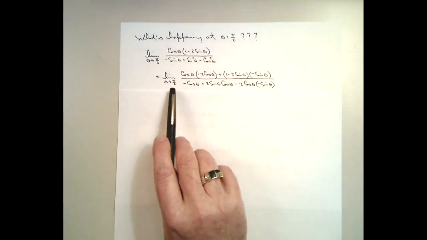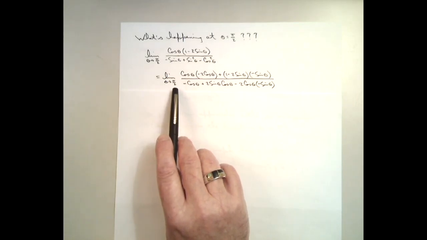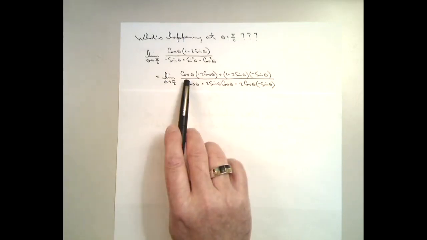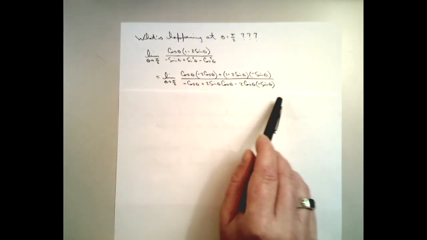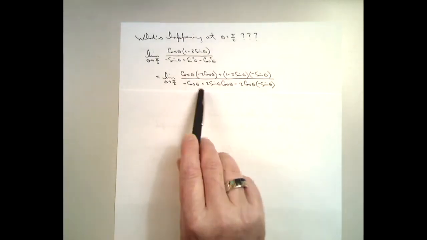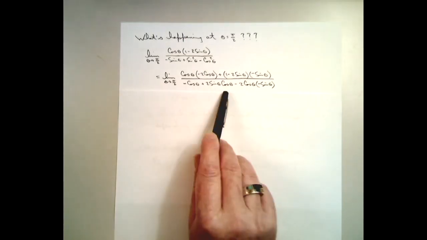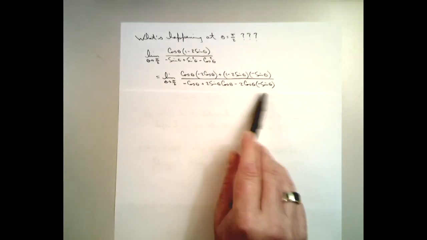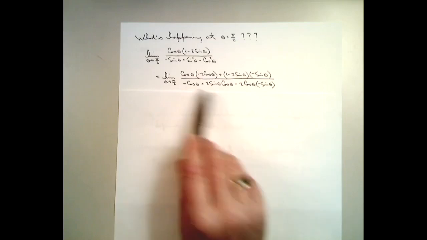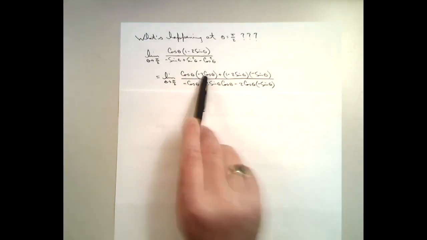I can tell pretty quickly if theta is pi over 2. Well, let's see. Cosine of pi over 2 is 0. And so my denominator here is 0 plus 0 minus 0. So my denominator is 0. My numerator, so this is going to be 0 right here.